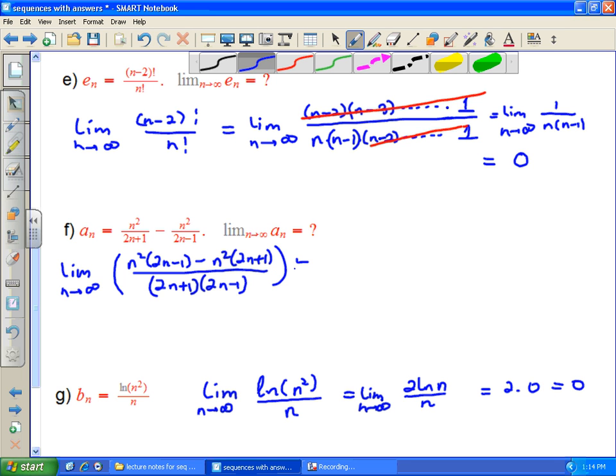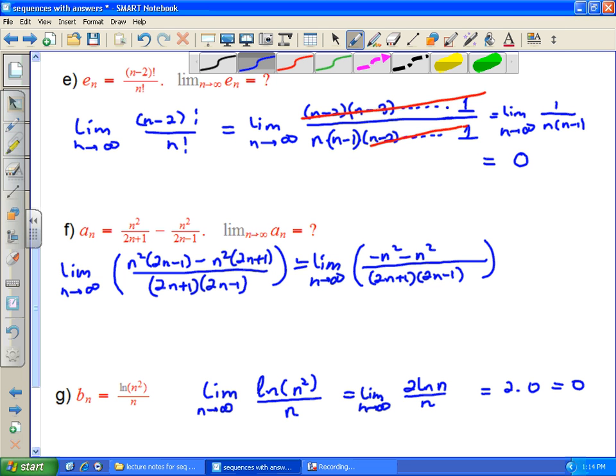Okay, so this is the limit as n goes to infinity of, okay, I'm going to have 2n cubed minus 2n cubed. They're going to cancel, right? Then minus n squared and minus n squared over the same denominator. So it looks like we have negative 2n squared on the top.